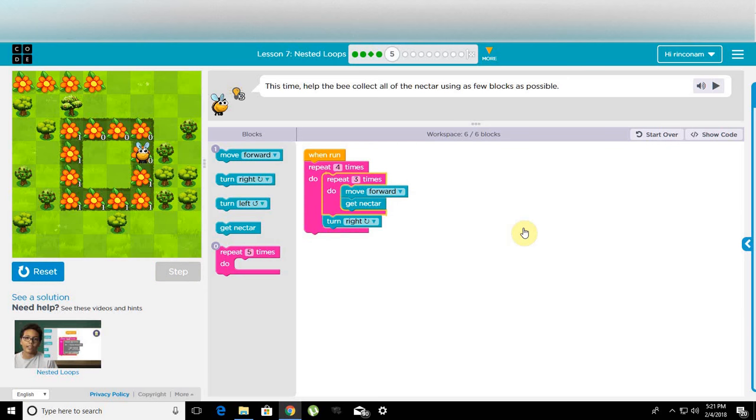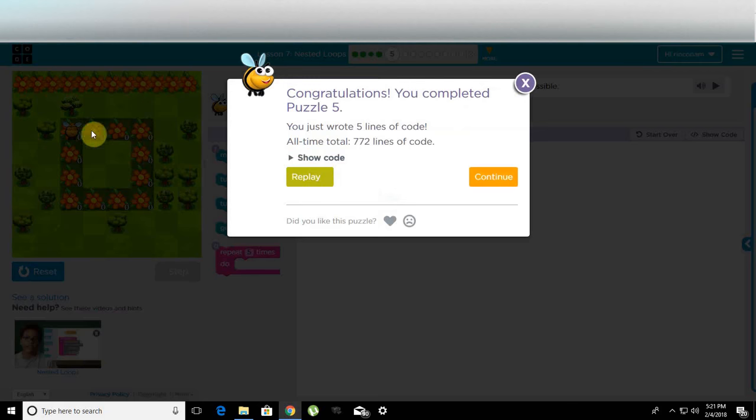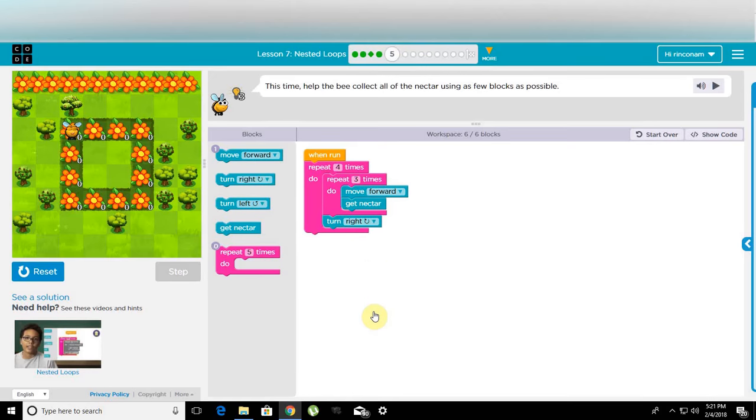Now some of you may have noticed that if your program starts to move a little bit quicker than normal, that's a good sign that you have the proper coding. And sure enough, I do. So let's talk about why this right turn needs to go in the outer block rather than the inner block.